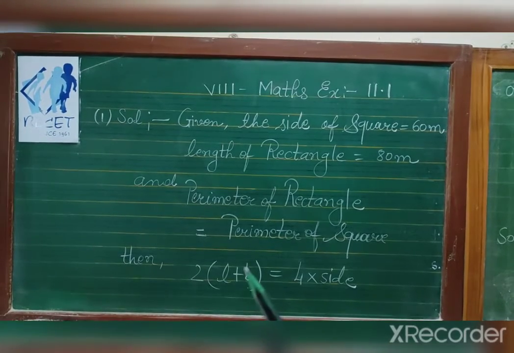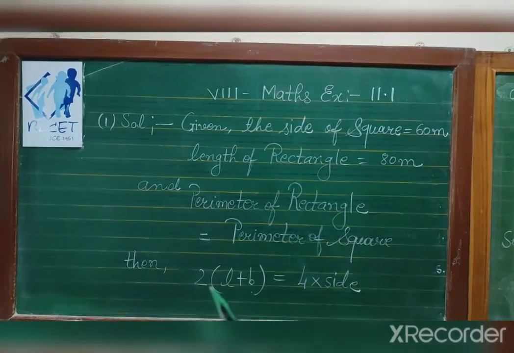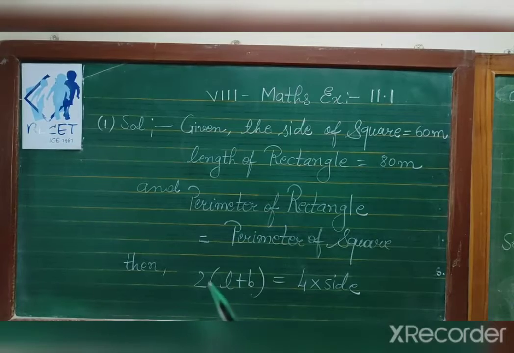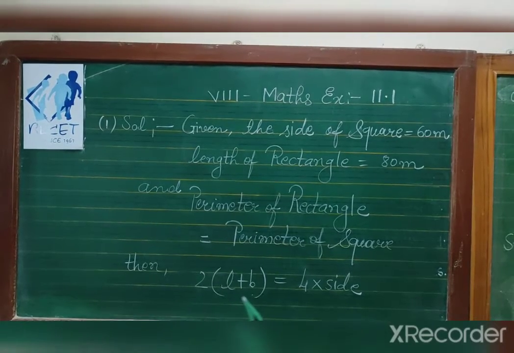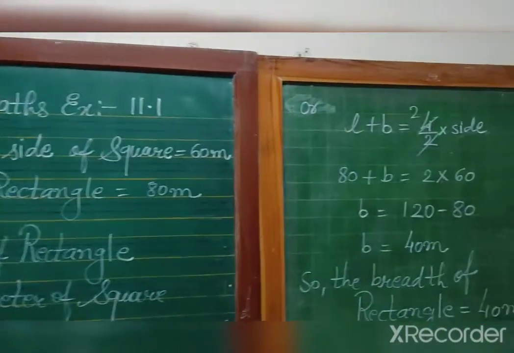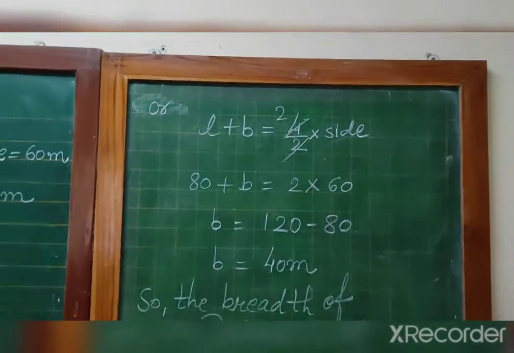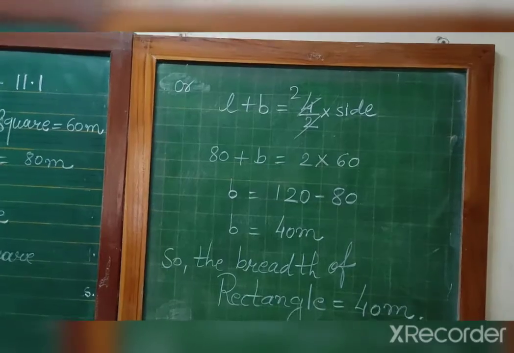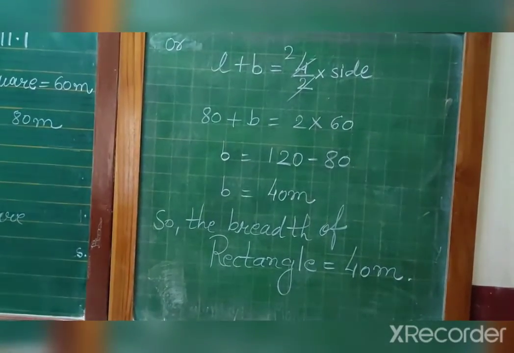Here you can see out of the bracket 2 is there. And between 2 and this bracket there is a multiplication sign, and the opposite of multiplication is always divide. So we can write L plus B is equal to 4 upon 2 side. Okay.